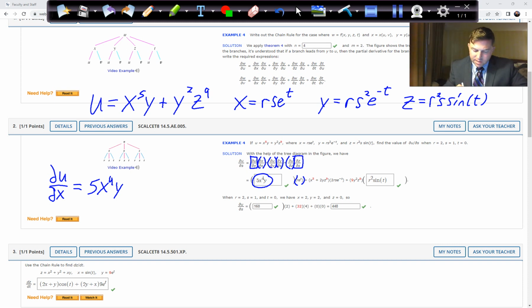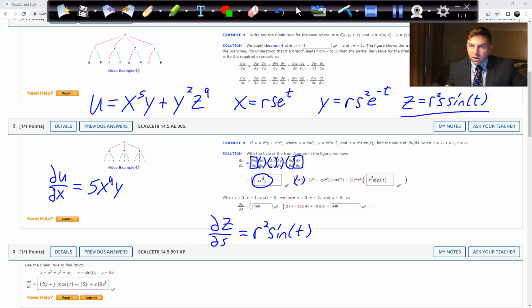Then they want dz ds. dz ds is the partial derivative of the z equation with respect to s, which would just be r squared times the sine of t. So if s is the variable, the derivative of 1s is just 1, and so we're just left with r squared times sine t, which we put right there.